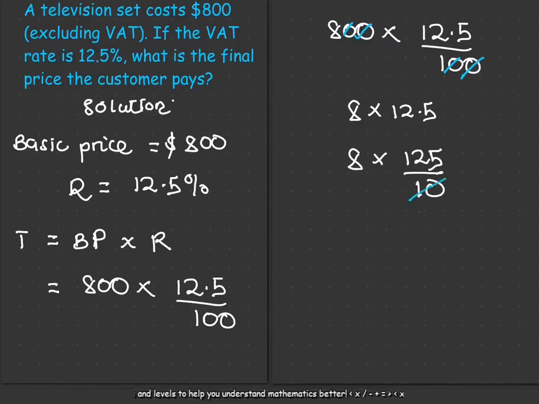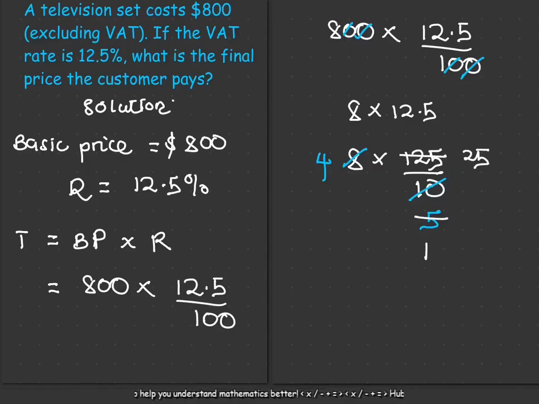So 2 divides 10, 5 times, and it divides 8, 4 times. Do you see that? Then you have your 125 divided by your 5. So that gives you 5 into itself once, and then into 125 we have 25.